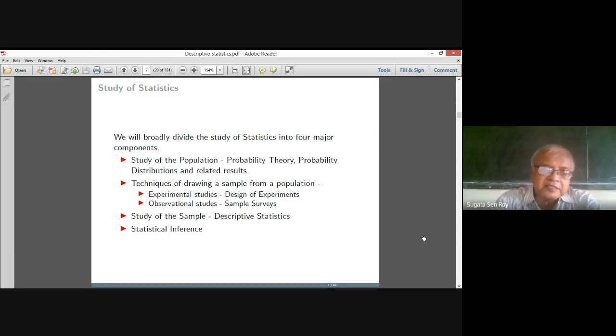Having studied the sample, obtained in a well-organized manner using designs and sample surveys, we now need to go back and say something about the population. That is the goal of statistics: make inference about the population based on the sample you have obtained from it. That is the whole goal.